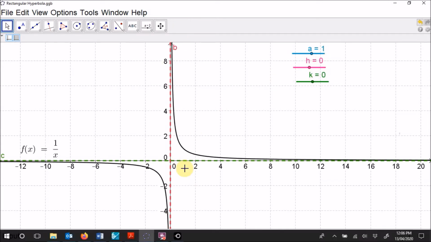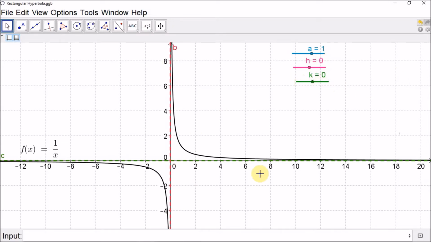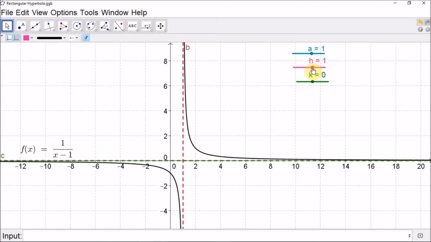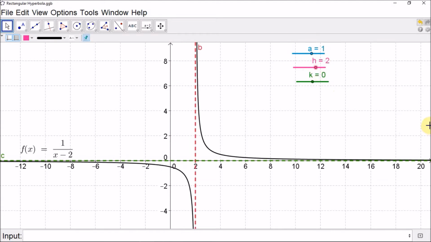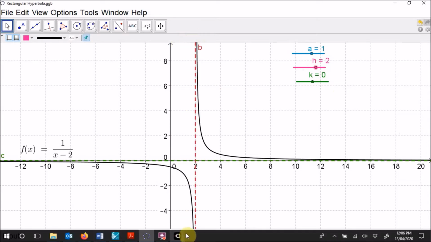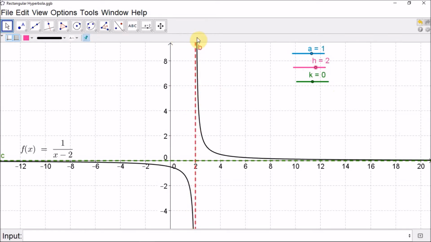Pink there and the vertical line, K here and a horizontal line. So if I move this H, and I'll mark H equal to 2 now, when H is equal to 2, you can see the vertical asymptote at 2.